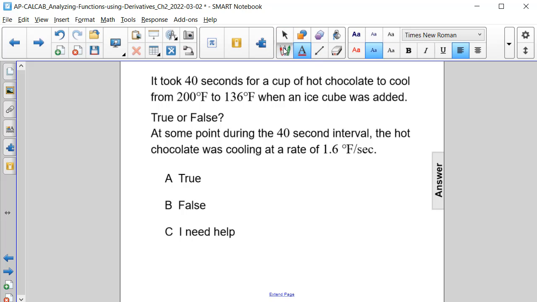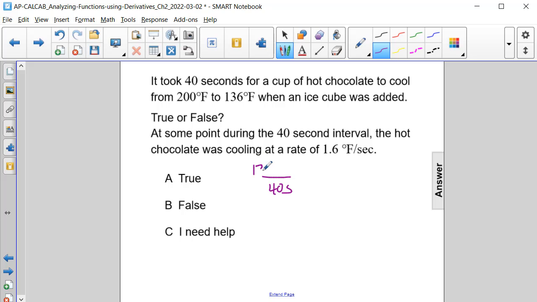Well, let's actually start by seeing what the average rate of change is. We already know the change in time is 40 seconds. And then we went from 200 degrees Fahrenheit to 136 degrees Fahrenheit.